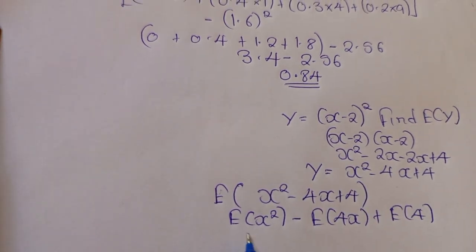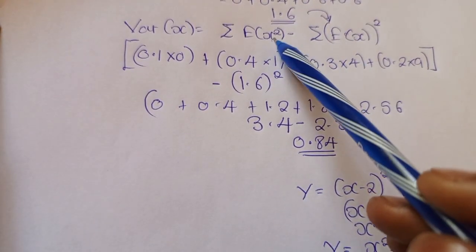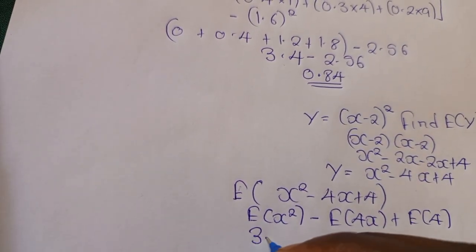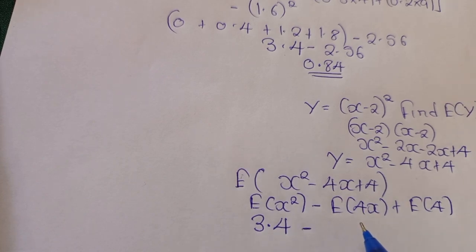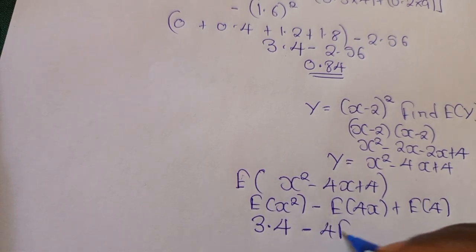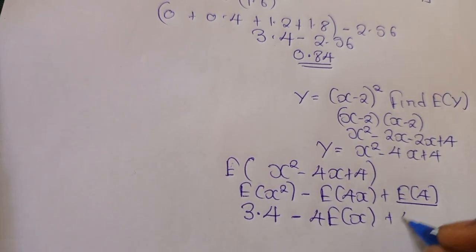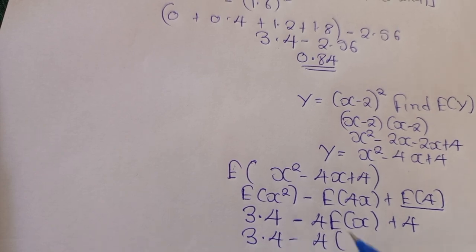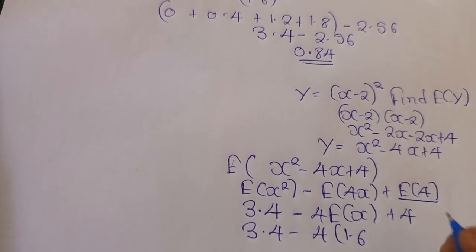Where you know that the expected value of x squared is what you had under the variance of x, and you got the answer to be 3.4. So it is the answer that we will replace here to be 3.4. Then you know that the expected value of 4x is the second property under expectation, and you will have 4 times the expected value of x, and you know that the expectation of every constant number is simply a constant, where you know for sure that you have 3.4 minus 4 times the expected value of x you earlier calculated to be 1.6, which we will just replace.